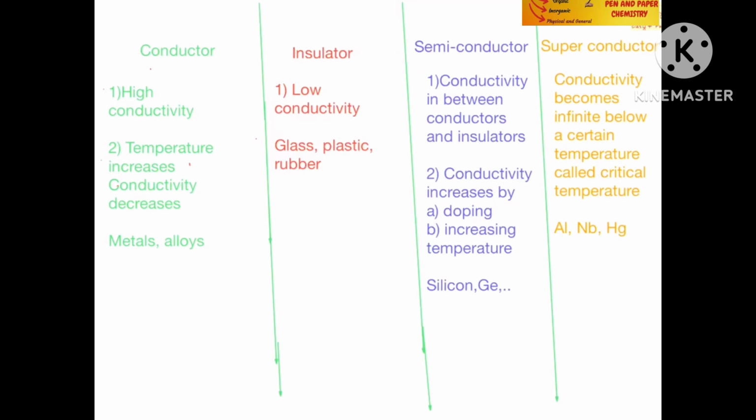On the basis of their conductivity, elements and materials have been divided into 4 categories over here: conductor, insulator, semiconductor, and superconductor. Very high conductivity, obviously it's conductors, but their conductivity decreases with increase in temperature.